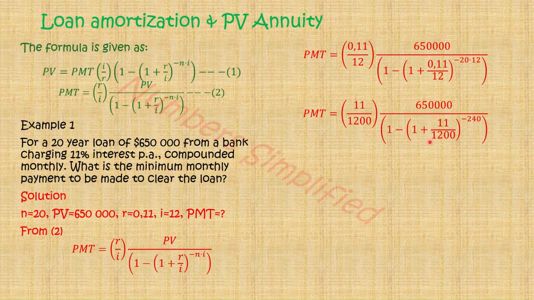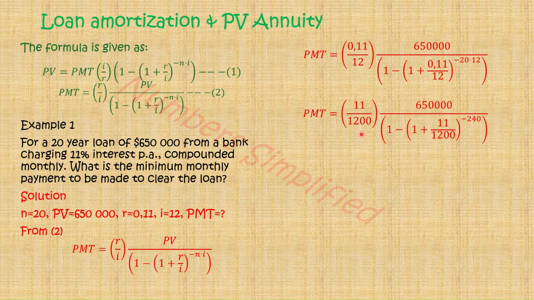In that way, you would get an answer that is very close to the exact answer. Now we do the same thing for the inner pair of brackets in the denominator, so that we have 1 plus 11 over 1,200. And of course, for the powers, when we multiply minus 20 times 12, we get minus 240. We simplify further to make our lives easier and avoid the possibility of making mistakes.